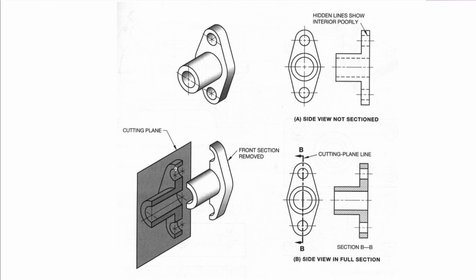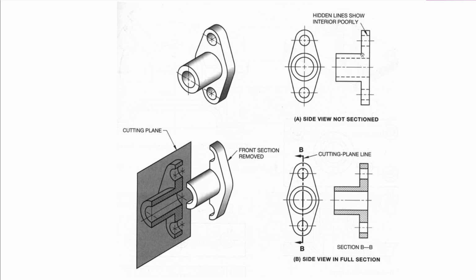In 3D we have something like this. If you are to have the orthographic projection of it, we have something like that. So these are the views. Here, when not sectioned, in orthographic projection, let's say we have a front view and then a side view of this object.